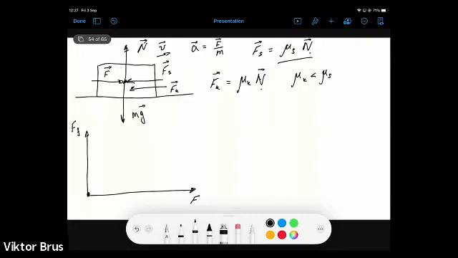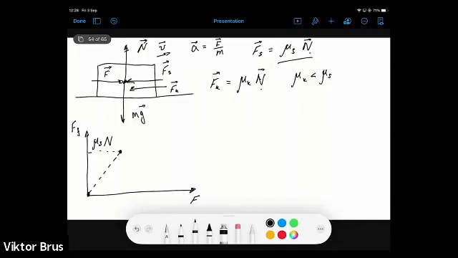If we increase the applied force, the friction force will increase linearly, directly proportional to this applied force. Then it will reach some maximum, which is our maximum value of the static friction force, and this is mu s times N.